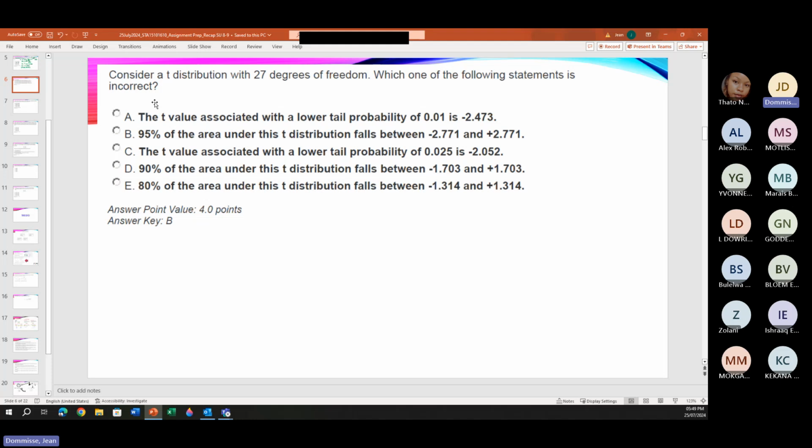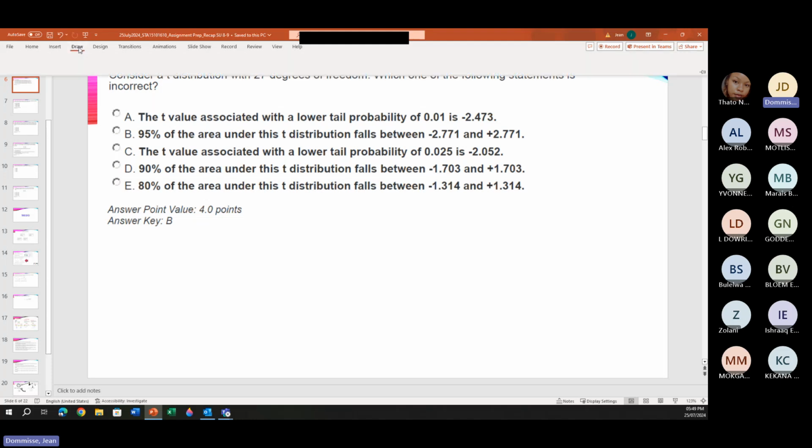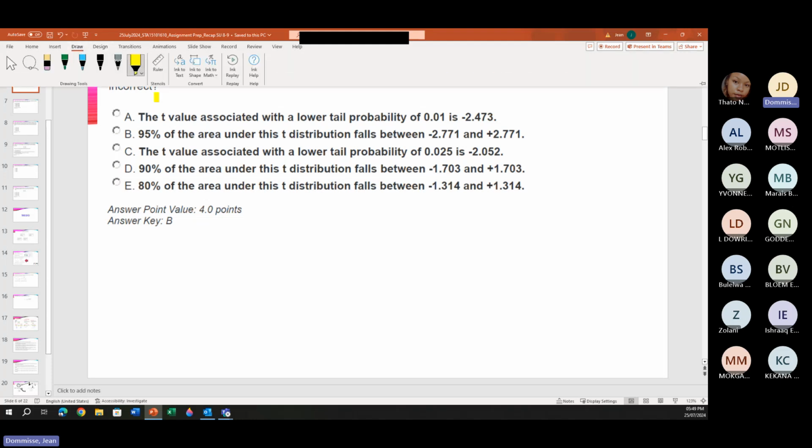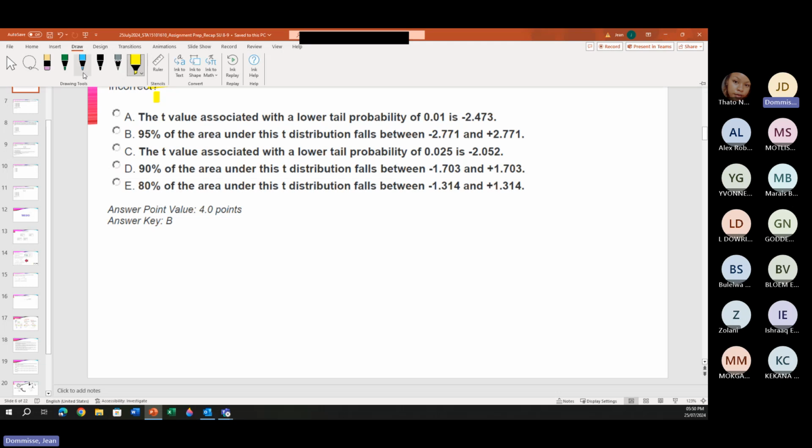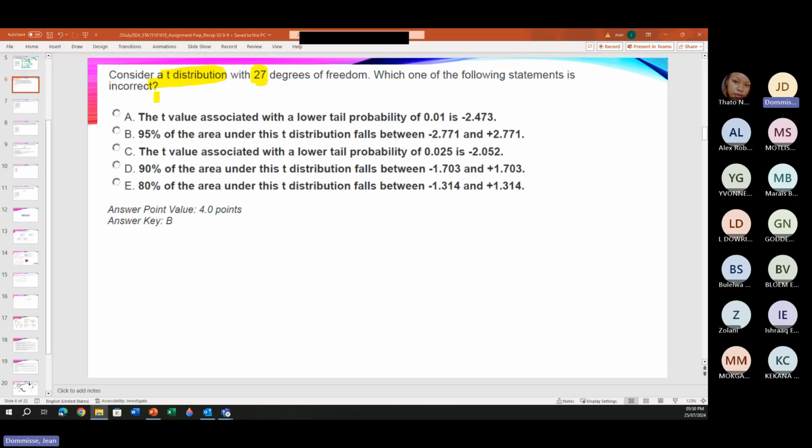So they tell us that we're working with a t-distribution, and then they tell us, okay, we're working with degrees of freedom of 27. Okay, so that's it. For that we will need to go to the t-table. So let me just open it.